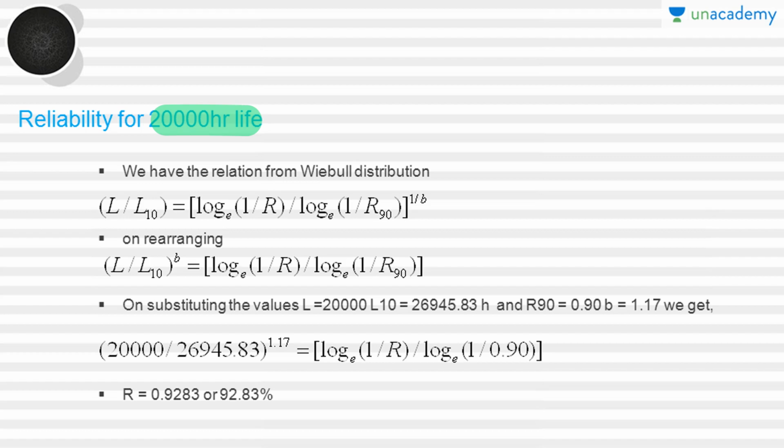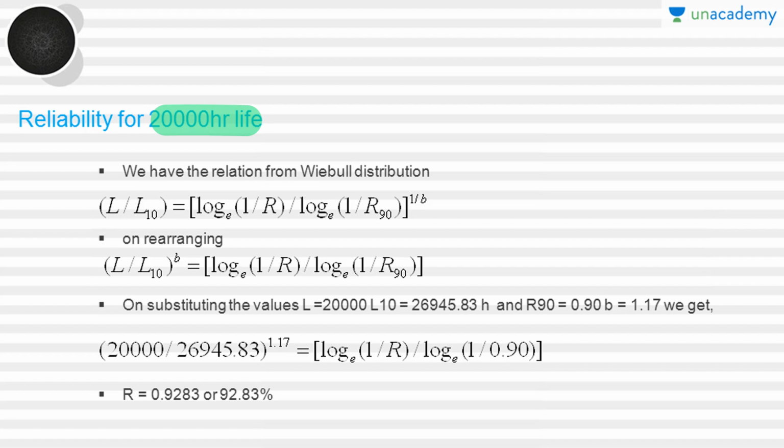We can use the relation from the Weibull distribution, given by L by L10 equals (log e 1 by R by log e 1 by R90) to the power of 1 by b, where R90 is the reliability of 90%, corresponding to L10, the rating life.